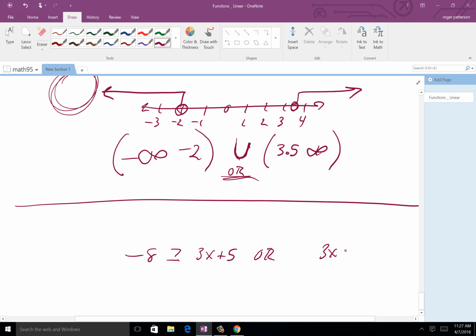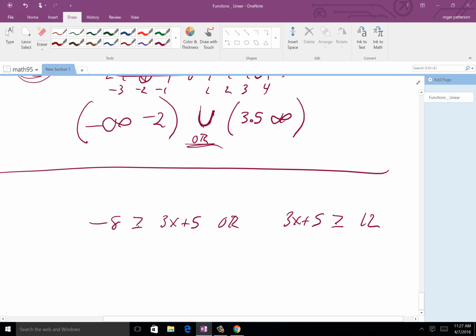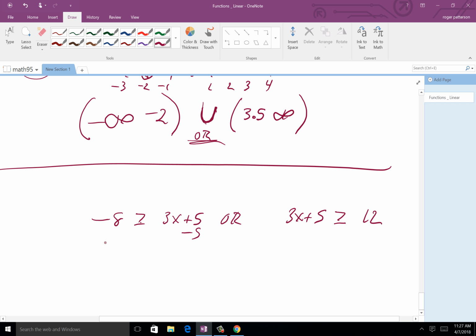All right. So we're going to subtract 5. Subtract 5. Negative 13, this way. 3x, same thing, subtract 5, 7, divide by 3, or.